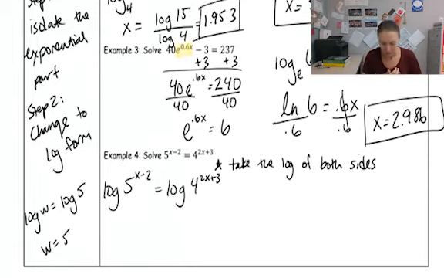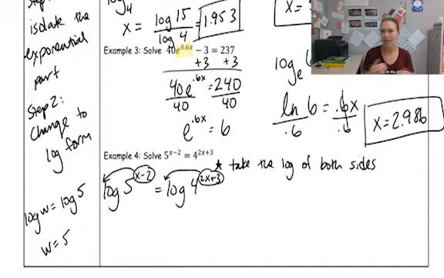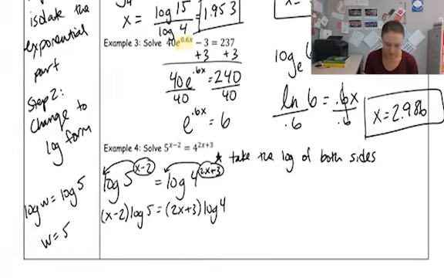All right, then I can use my exponential power properties of logs, which you can go review, and bring these out in front of the log. So I'm going to have x minus 2 times the log of 5 equals 2x plus 3 times the log of 4. So I can only bring those exponents out in front once I convert them to log forms.